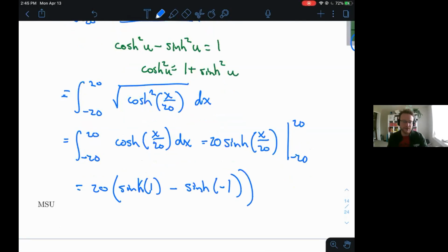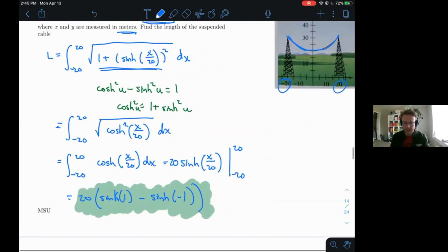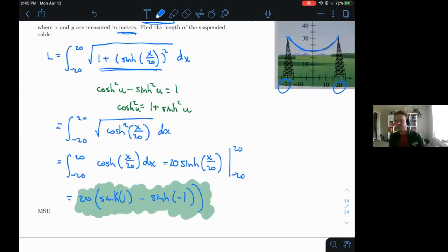I think it cancels even more. We can write hyperbolic sine in terms of e's, and I think it would cancel even more. But this is where I'm going to end it. After this, it's all just arithmetic. We've done all of our calculus, all of our knowledge about hyperbolic sines and cosines. So this is what I would enter in for a quiz, for an exam, for homework.